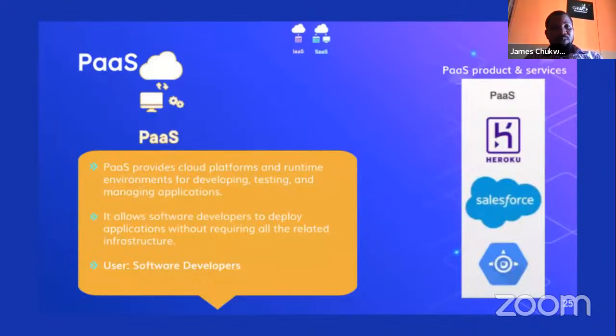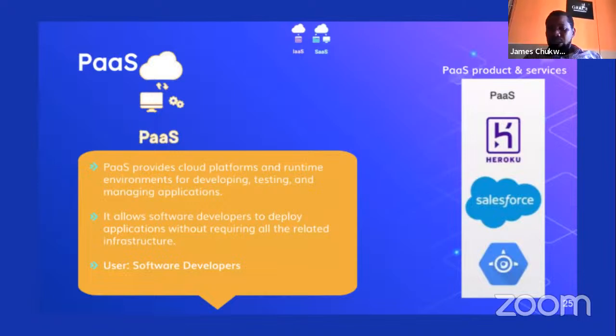Platform as a service provides cloud platforms and a runtime environment for developing, testing, and managing applications.